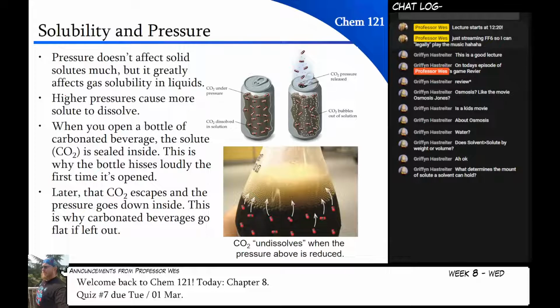And so there will be less dissolved in the liquid. So for gases, the higher the temperature is, the lower the solubility of the gas.